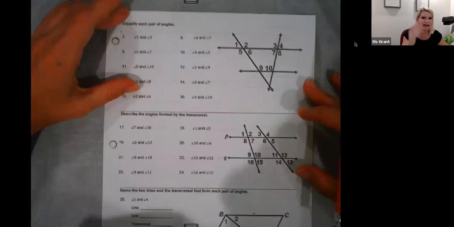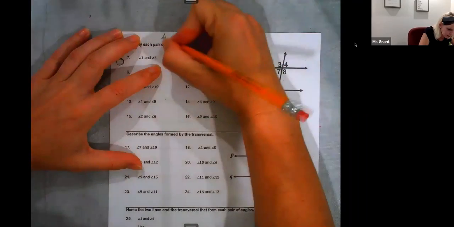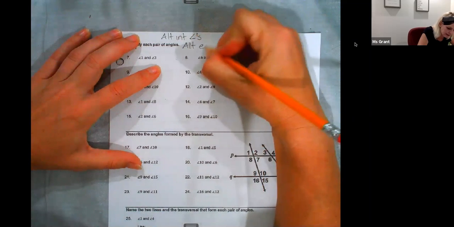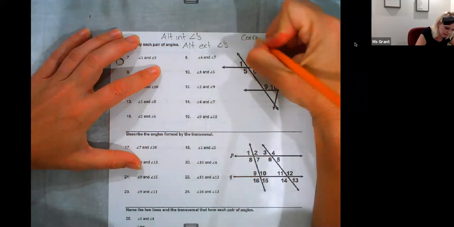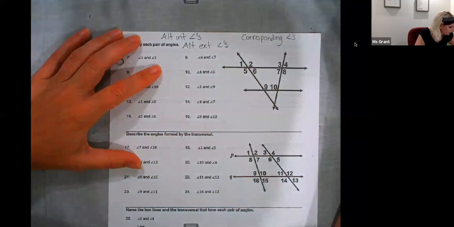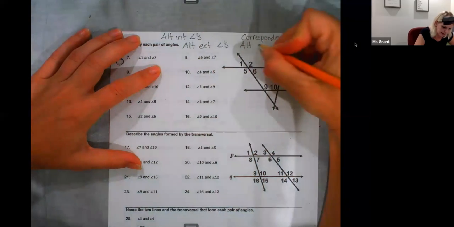Okay, here are your choices. Let's write them at the top of the page. Alternate interior angles, alternate exterior angles, corresponding angles, alternate exterior angles.